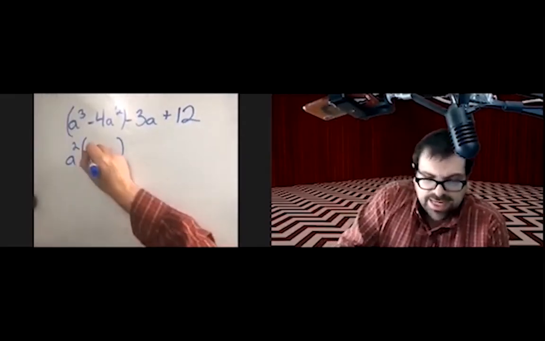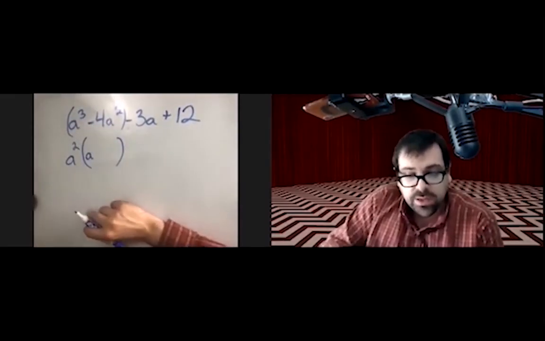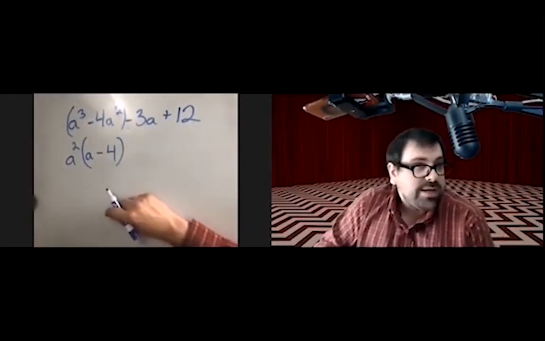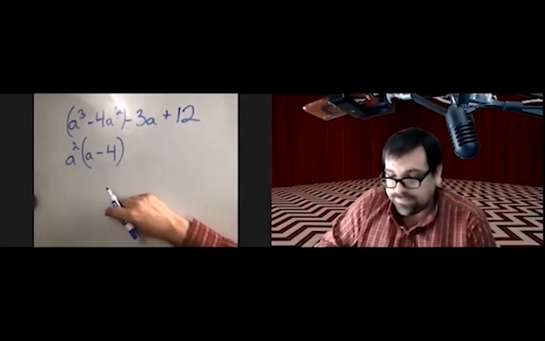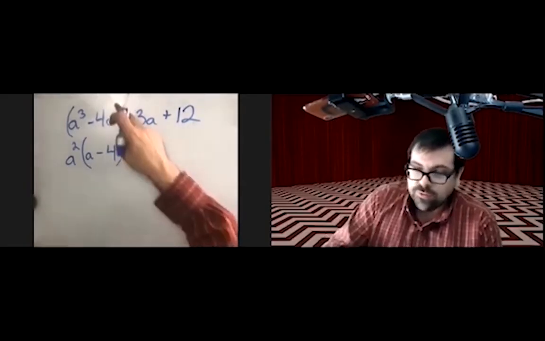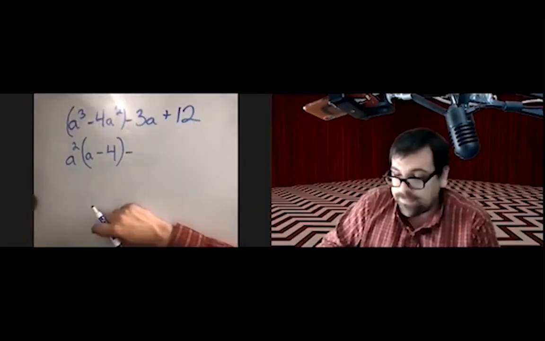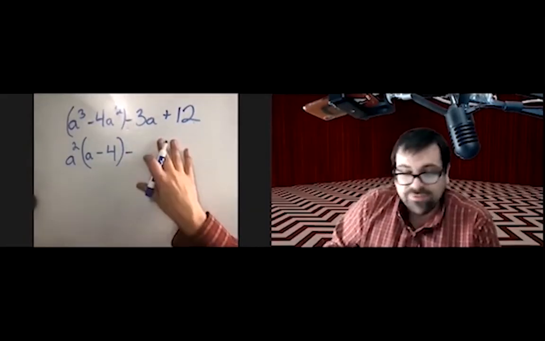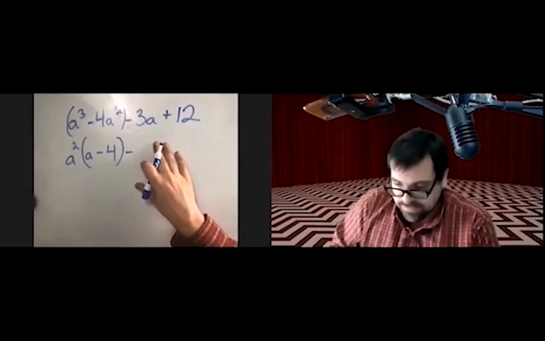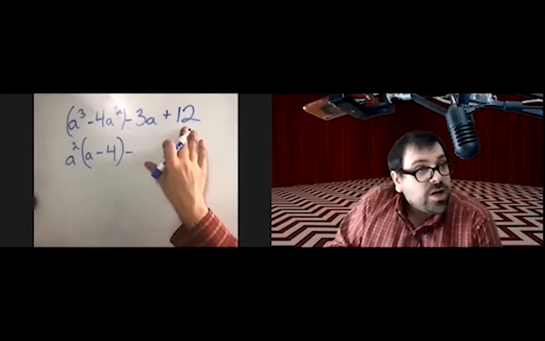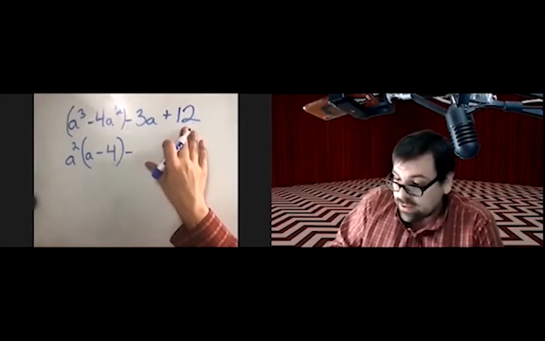a squared times a would be a cubed. a squared times negative 4 would be negative 4a squared. This grouping is followed with a minus. Bring the minus down. Whatever we factor out next will be negative. 3a and 12, all that is in common there is a 3.